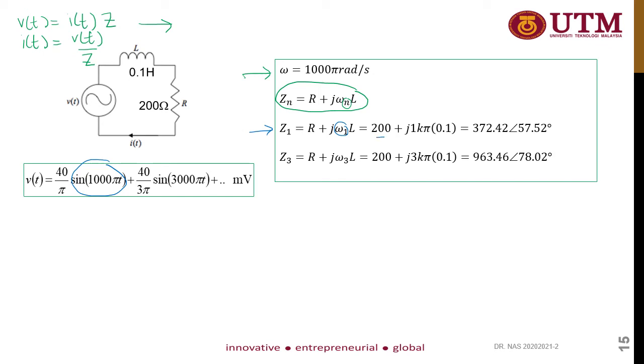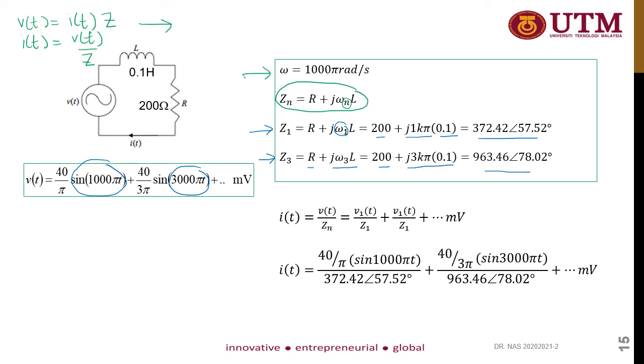So 200 is your R plus this is your omega L. Then convert this equation into polar form. Next, for Z3, for the third harmonic, R plus j omega 3 L, so your R 200 plus j omega 3, in this case 3000, multiplied with L. So you get this equation.